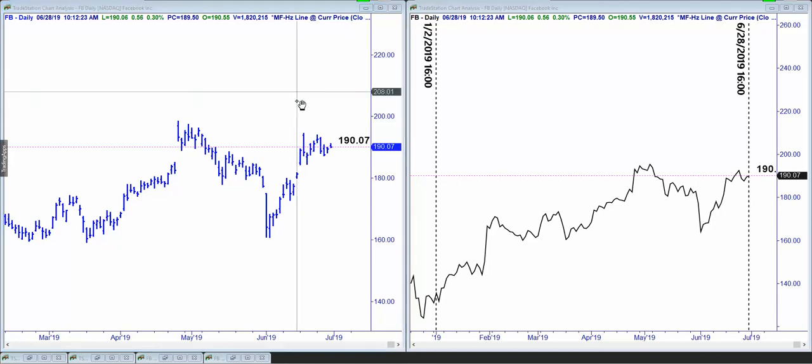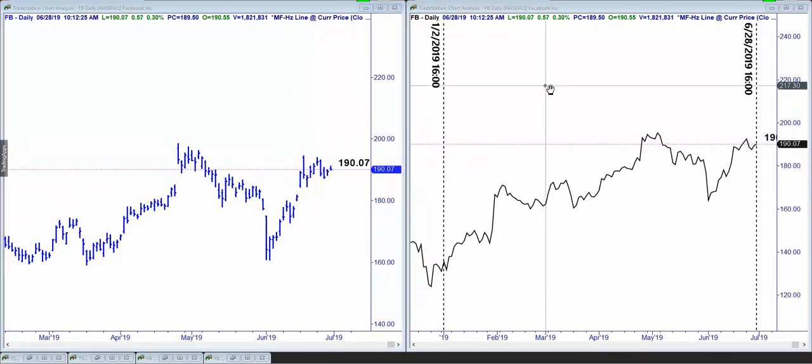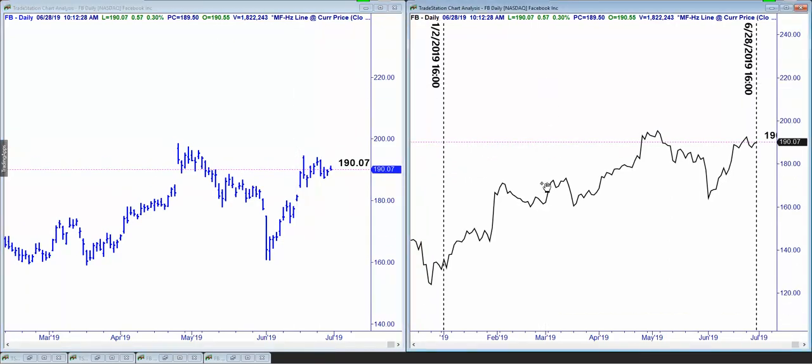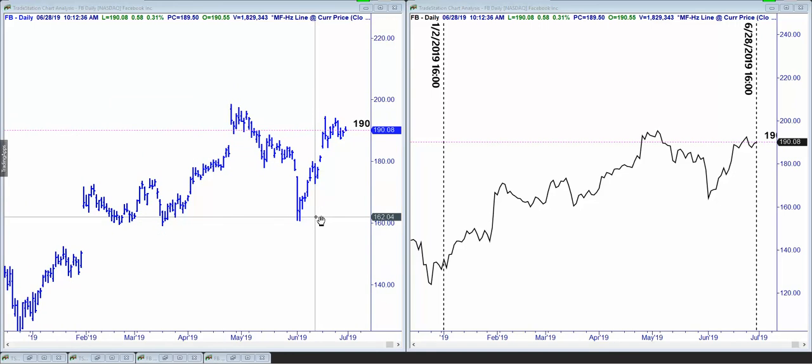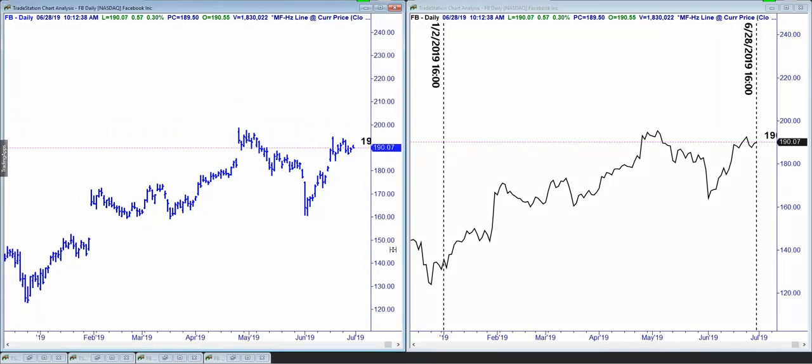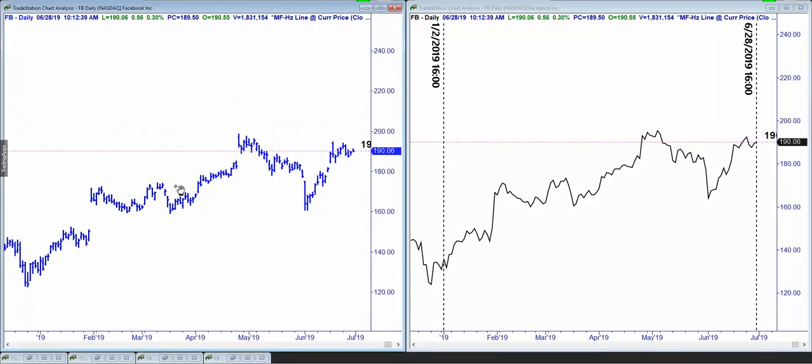What we're looking at on the right side is the line chart, and if we look to the left, you can see that it's the same exact price movement, reflecting the same ebb and flow. But you notice that this looks very different. So I'm going to quickly blow this up and take a look at it to show you what we're looking at here.